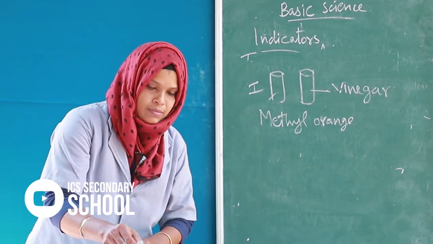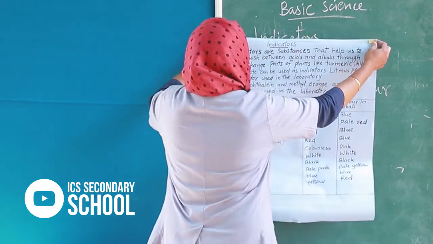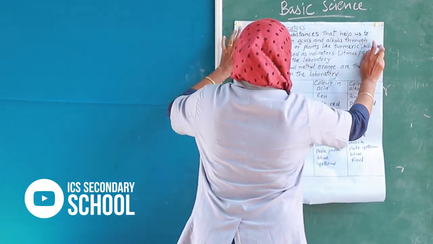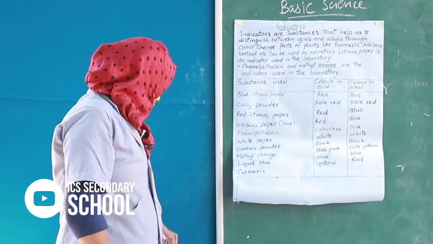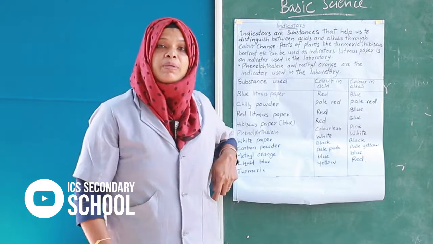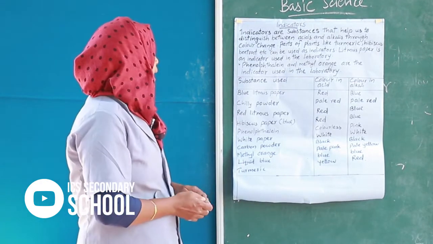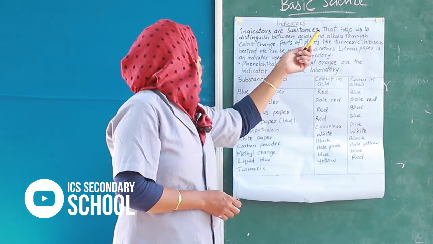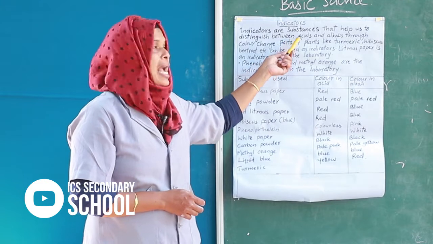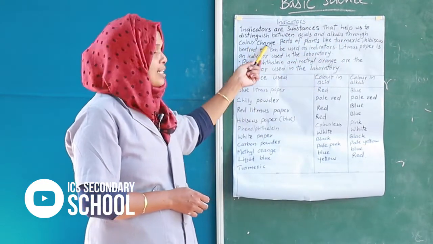Here is a work for you in your textbook. First one, what is meant by indicator? Indicators are substances that help us to distinguish between acids and alkalis through their color change.